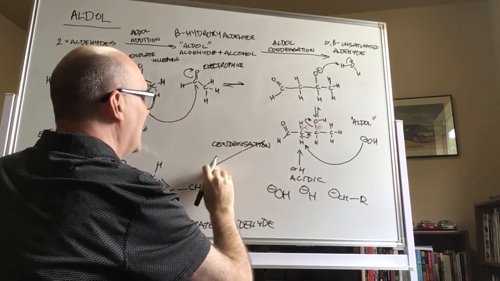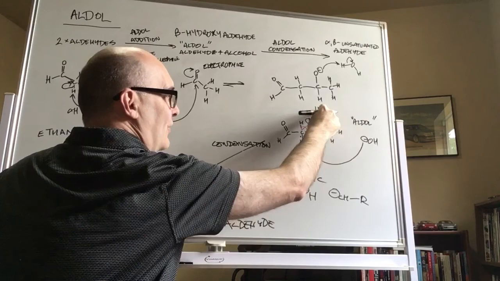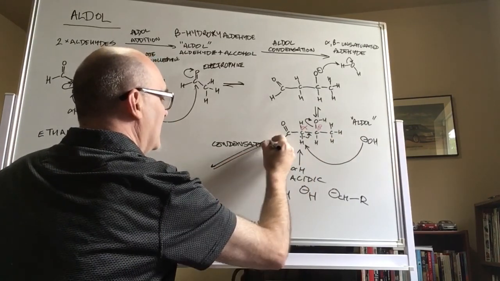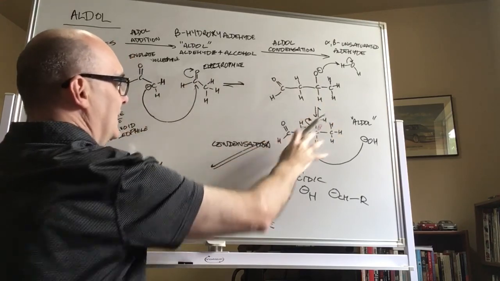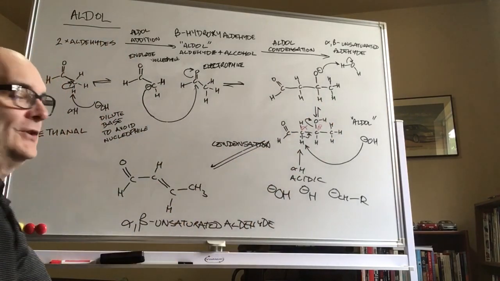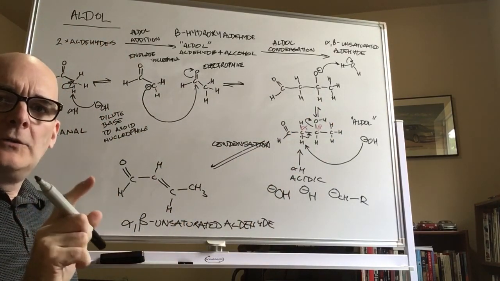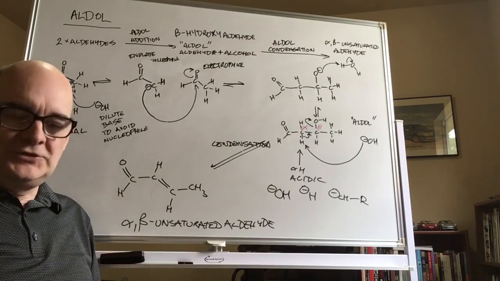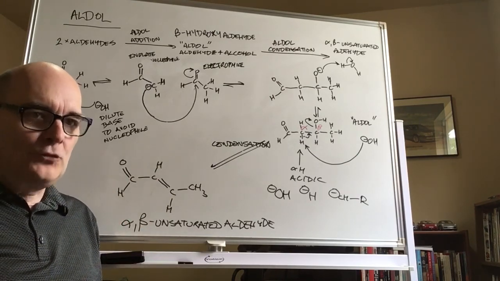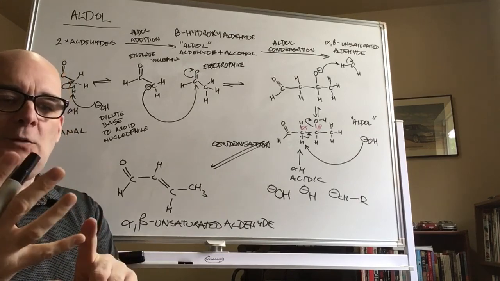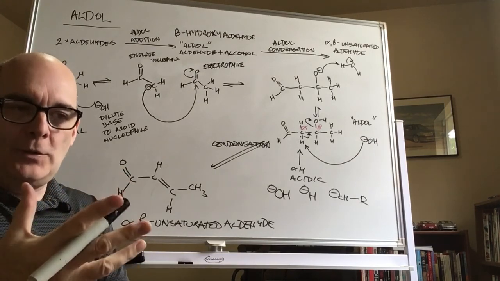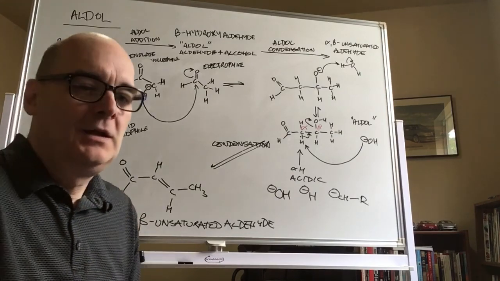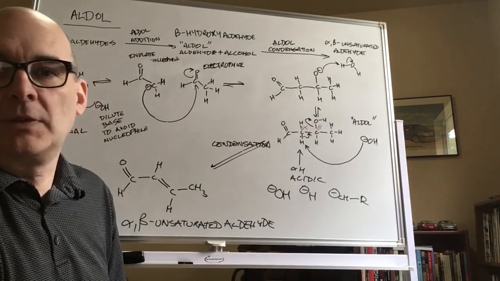And again, because this is not stronger than that, you can come back from this. This first part was the addition, and then we have the condensation. This reaction lets us get around the fact that our incoming agent is not more powerful than the leaving group, because my product is something special.